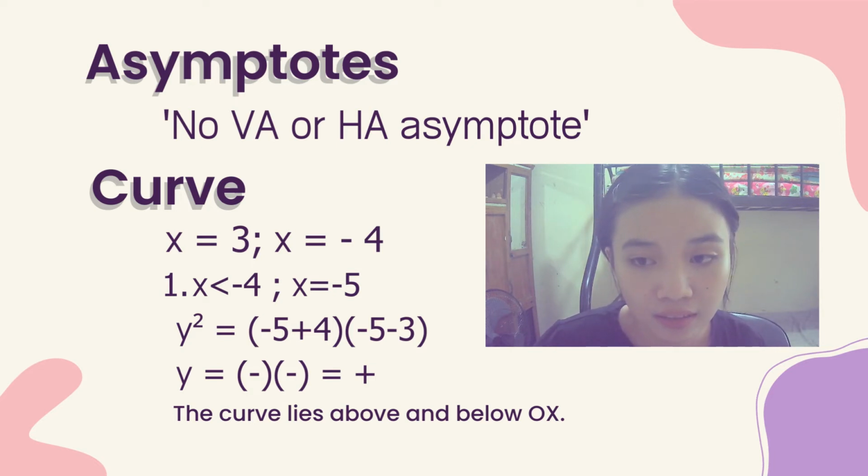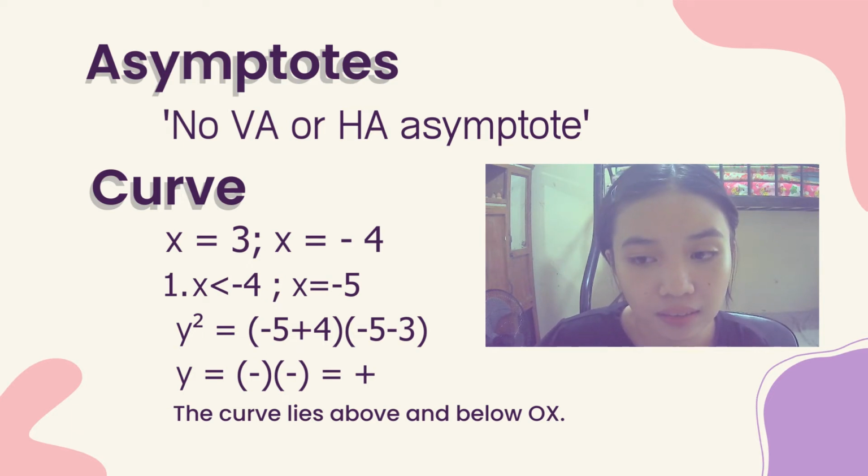So, isa-substitute ulit natin siya sa ating factored form, and we get y squared is equal to 1 plus 4 times 1 minus 3. So, 1 plus 4 gives us a positive sum, and 1 minus 3 gives us a negative sum. And pag pinag-multiply natin silang dalawa, makakakuha tayo ng negative product, which also implies that it is imaginary or wala siyang graph sa region na to.